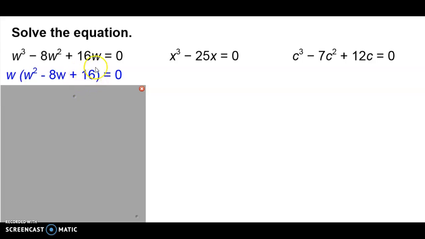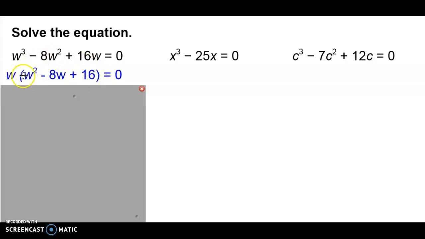By inspection, 16 is a perfect square. It means it's equal to 4 times 4. W squared is also a perfect square because it's w times w. By further inspection, the middle term is an even number and it's actually equal to twice the product of w and 4.